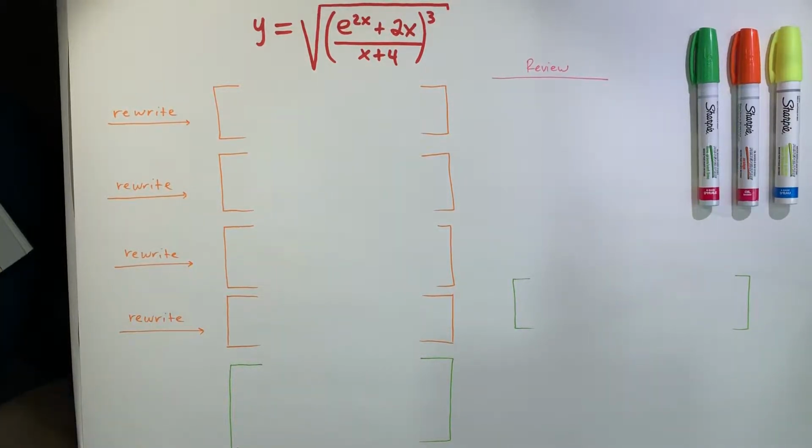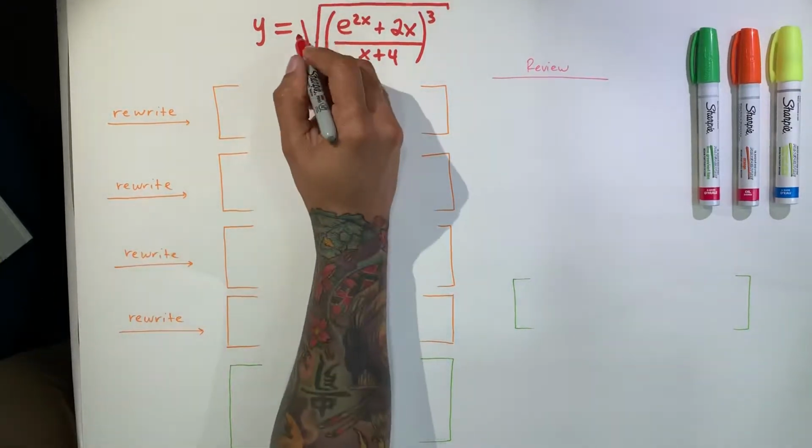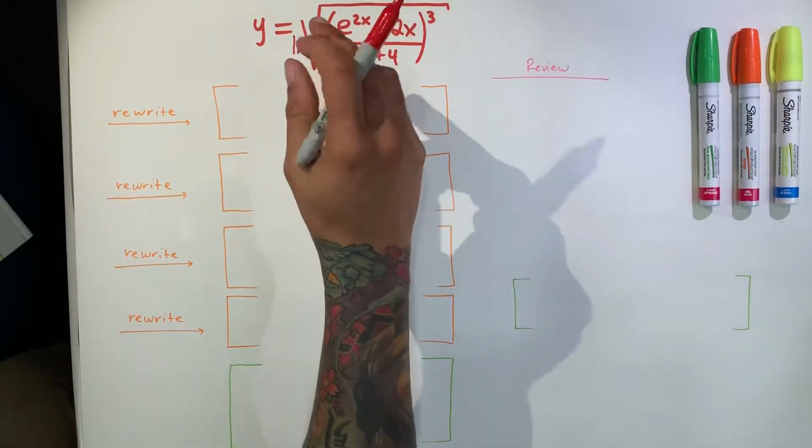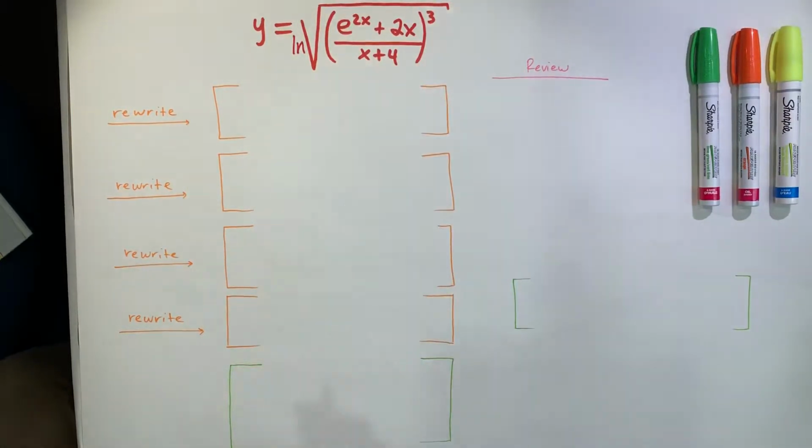So in this video, I just want to go over another review for derivatives, and kind of an ugly derivative, but after we rewrite it and use some of the properties of ln, we'll realize how easy we can make it. And I forgot to write an ln here. So this is ln of the square root of all that inside.